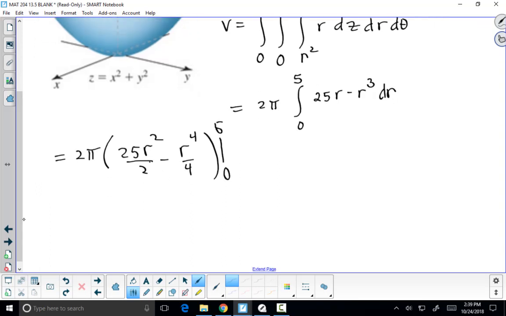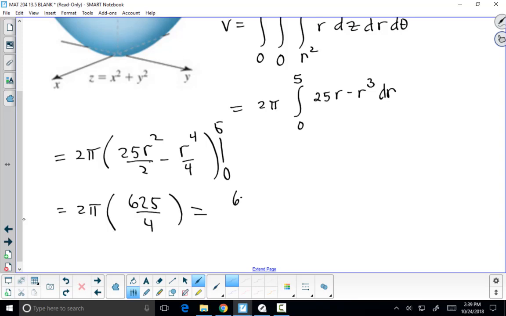Okay, a bunch of 5s in there. So, all right, so 25 times 25. 625. And that's 625 also. So it's 625 over 4 right here, I believe.